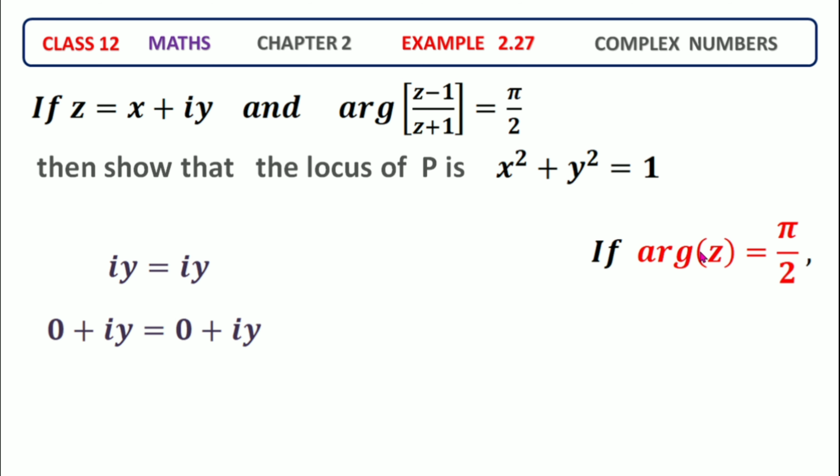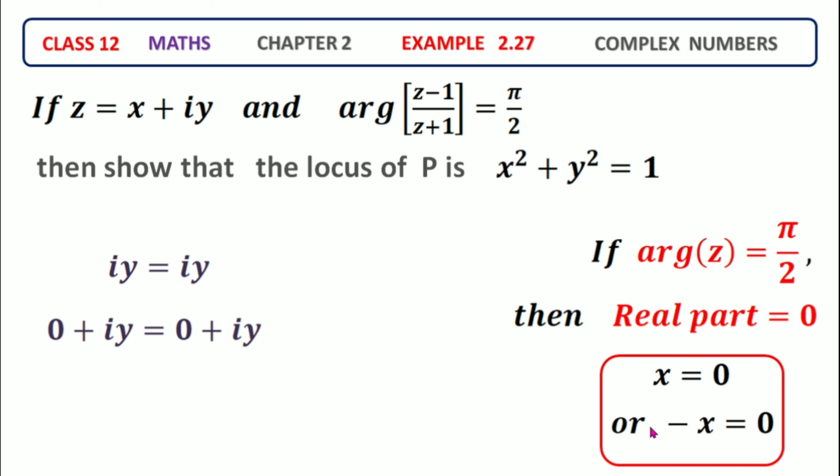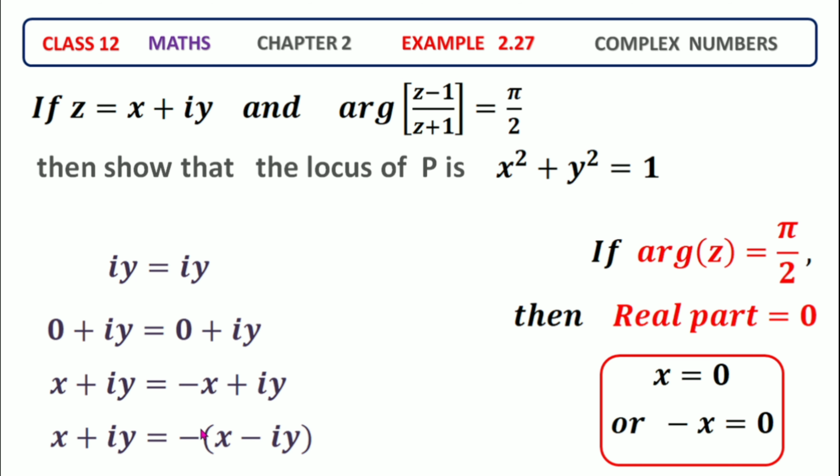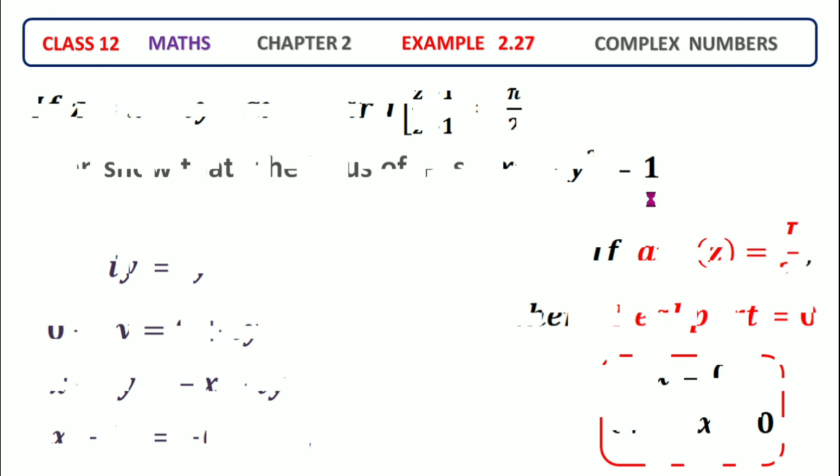Here argument of z is equal to pi by 2, it means that the real part is equal to 0, that is x equal to 0, or minus x equal to 0. Here 0 is replaced by x, here 0 is replaced by minus x. Here minus is taken out on the right hand side, so minus of (x minus iy) is nothing but the conjugate of the left side complex number.